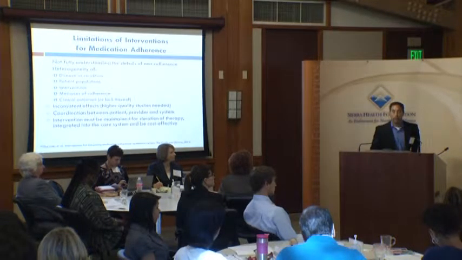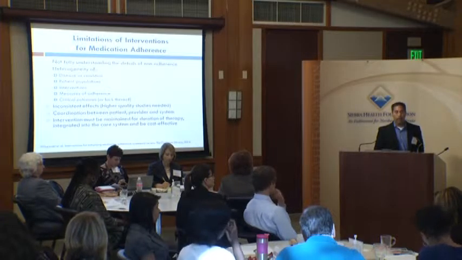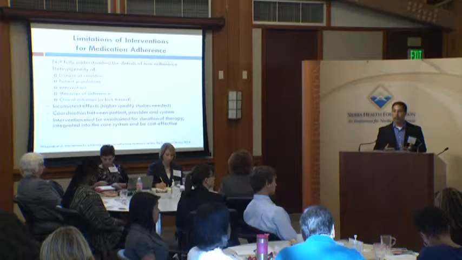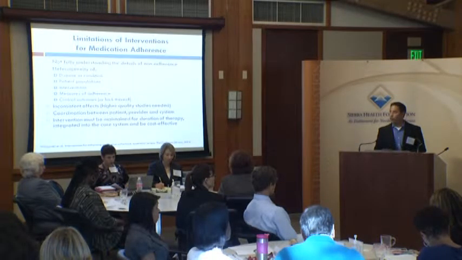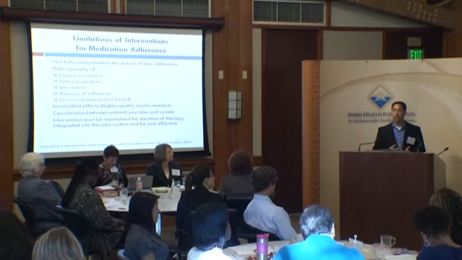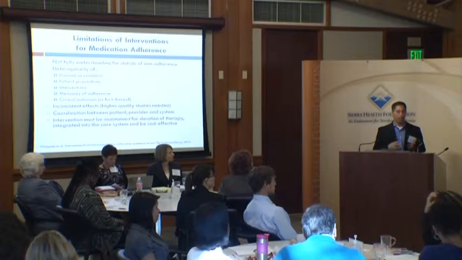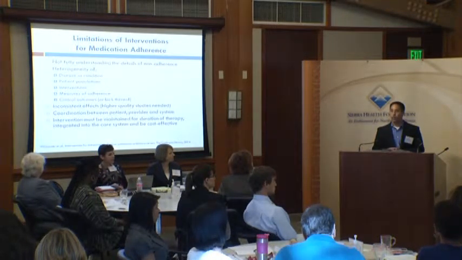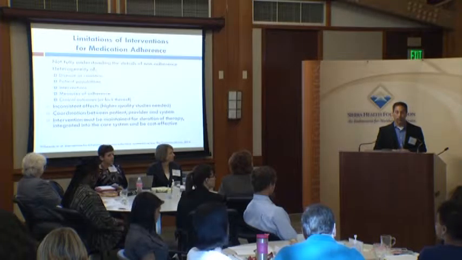Many of the limitations of the interventions that we know now is that while we think we have a good understanding of assessing and intervening for adherence, we really don't. It's really, really hard to tease out. We cannot generalize across populations, diseases, people. You really have to do an individually tailored intervention.